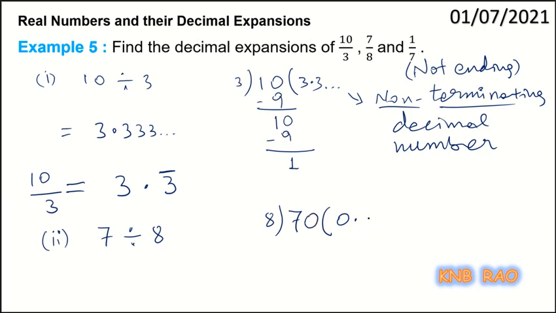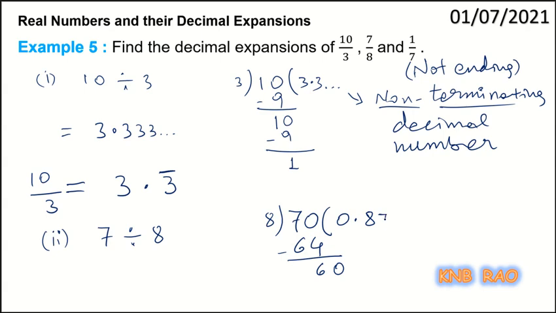So, 8 8s are 64, and the difference is 6, and now the first time when I am taking the point, that time I take 0. Whenever the remainder is smaller than the divisor, this one time 0 is allowed, okay.